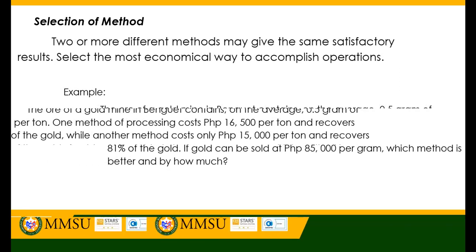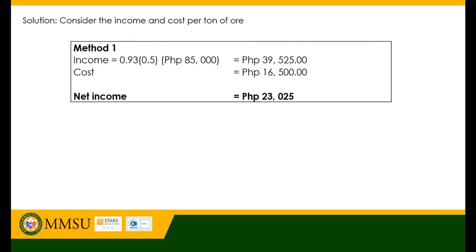That's why solution natin, we have to multiply 0.93 or 93% of 0.5 grams. So ang cost ng gold is 85,000 pesos per gram. So income natin is 39,525.